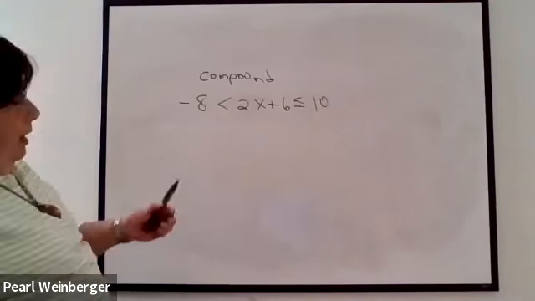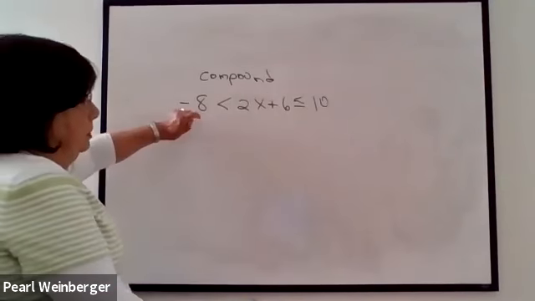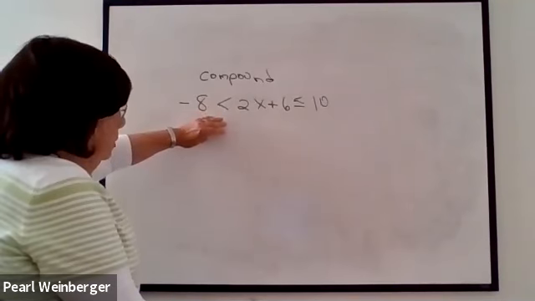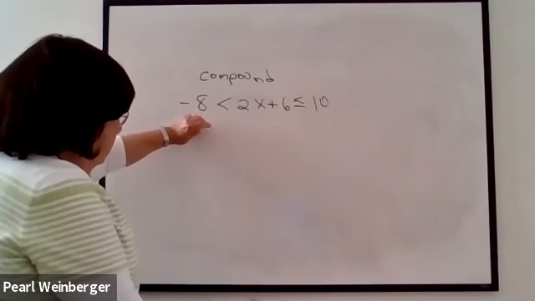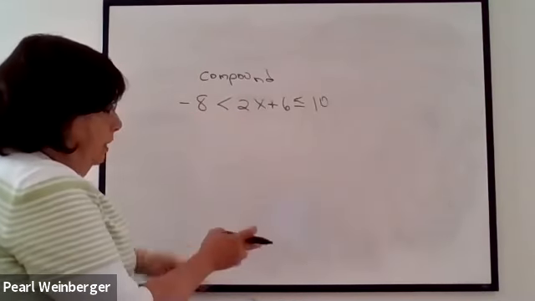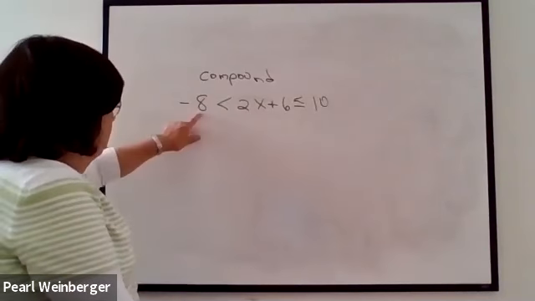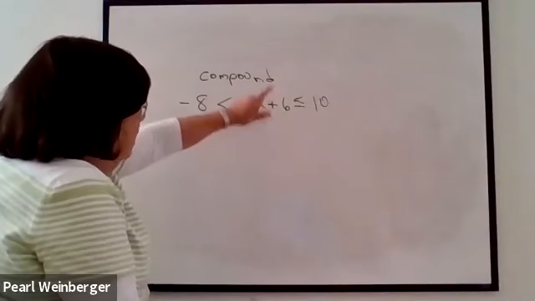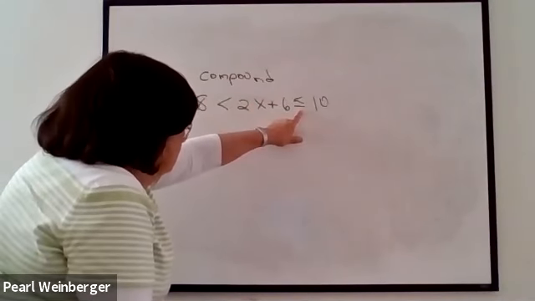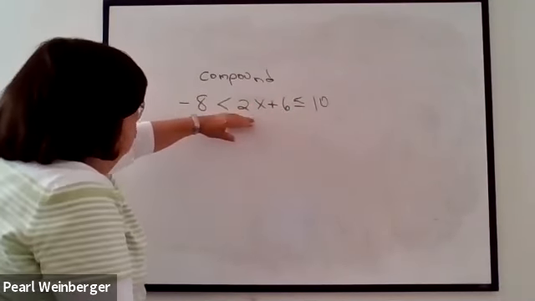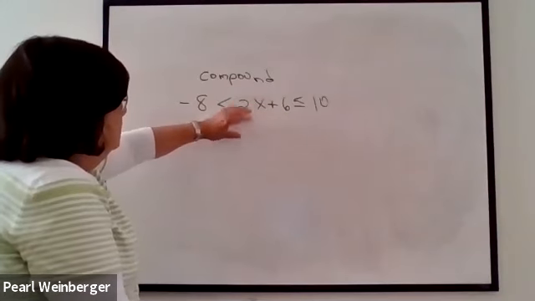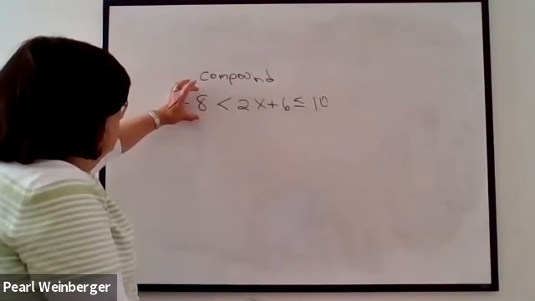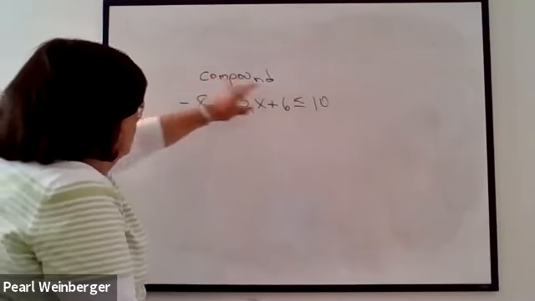So again, we have this compound inequality. It's telling us that -8 is less than 2x plus 6, and that is less than or equal to 10. In other words, this 2x plus 6, whatever it's equal to, is someplace between -8 and 10.